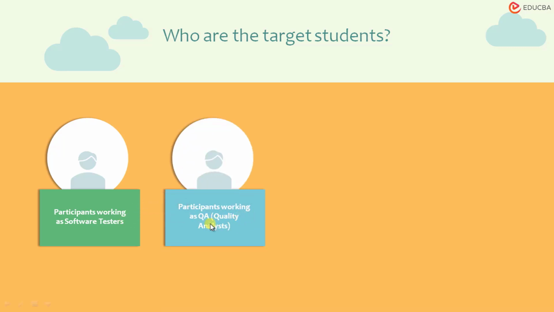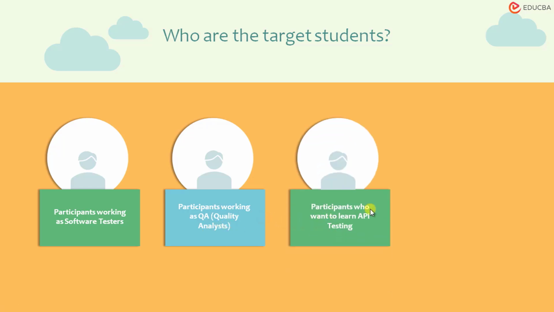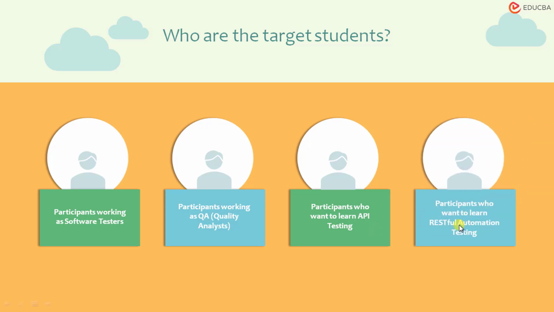Any participant working as a QA, quality analyst, or willing to work as a quality analyst can learn this course. Any participant who wishes to learn about API testing, how API testing is done, and participants who want to learn RESTful automation testing. So if you are creating a RESTful API or REST API, you can learn how to perform testing in REST assured Java by using automation testing.